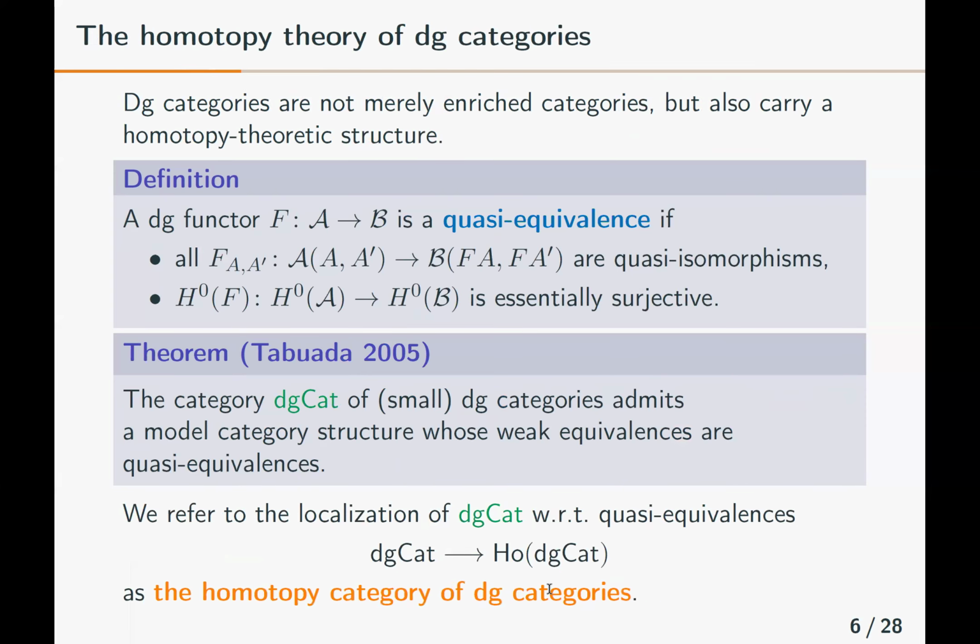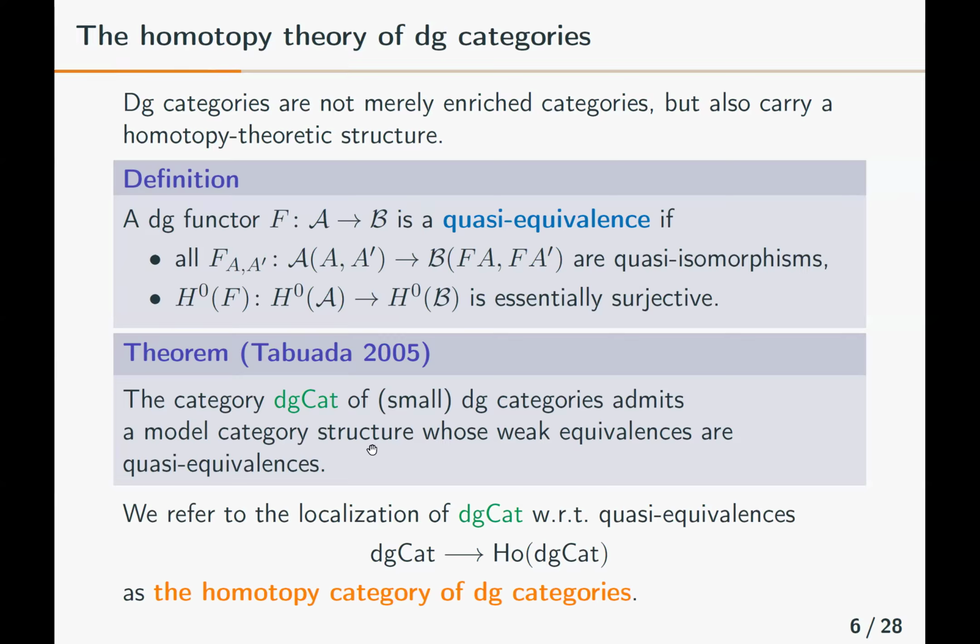DG categories also carry a homotopical structure as follows. First, we call a DG functor F a quasi-equivalence if the following two conditions hold.